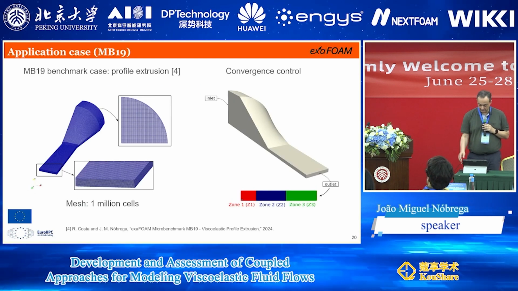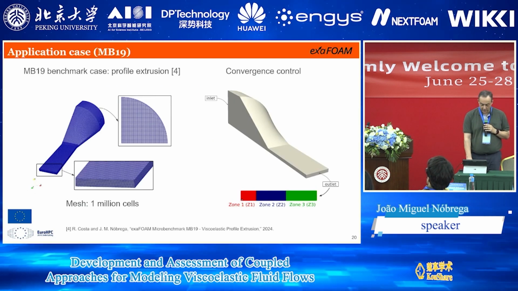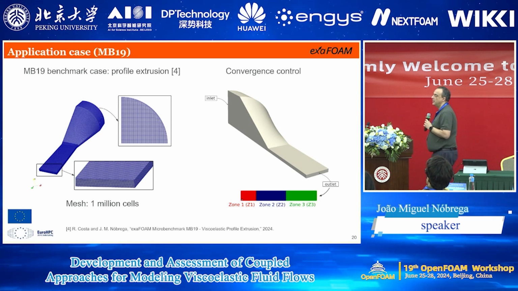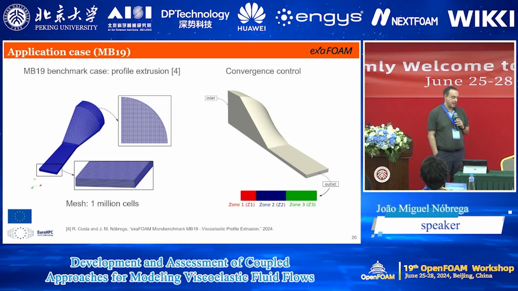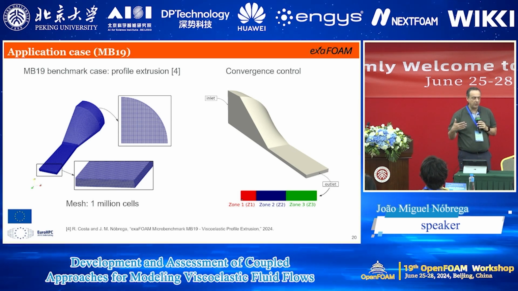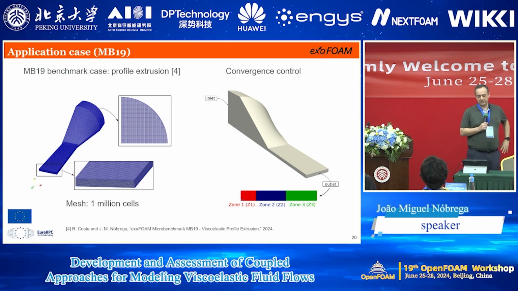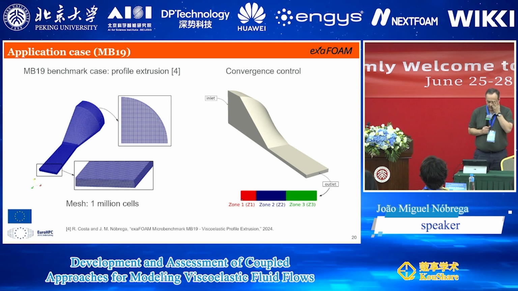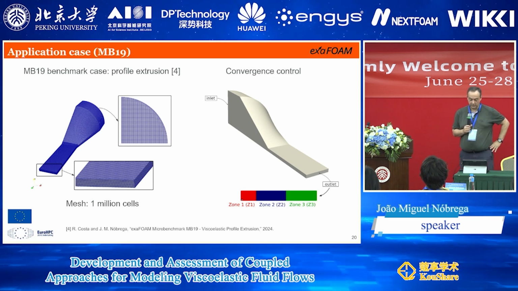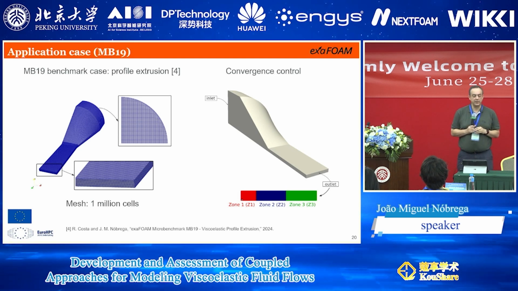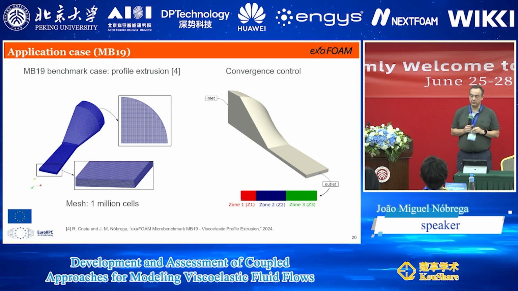This is an idea of the mesh we have been using. After doing several tests, we faced an issue because we were not able to obtain any improvements associated with the calculation, and that was related to the fact that we were controlling the convergence through the residuals.